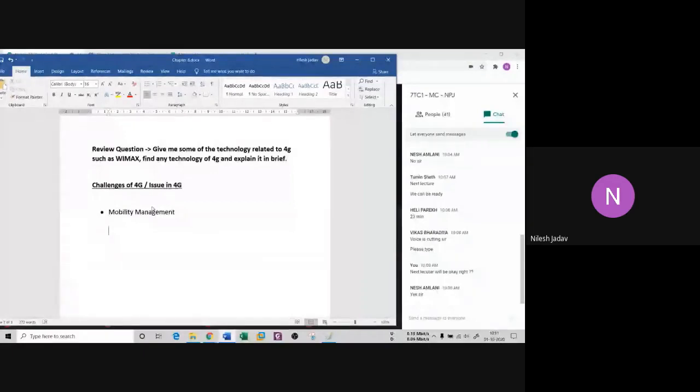Handoff is switching from one cell to another cell. Very good. It is a unit one topic, I think in the third chapter, the GSM, where we had seen handoff and handover. We also had seen four types of handover. So when a user moves from one cell to another cell, I'll show you.